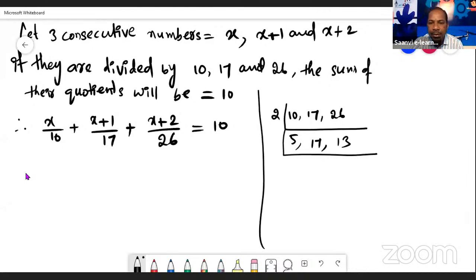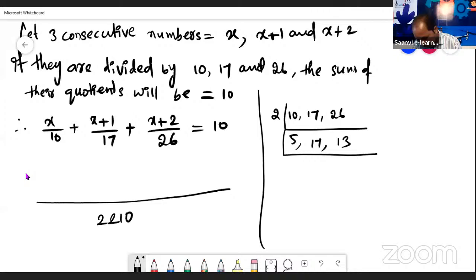5 into 2, 5 2s are 10. 10 into 17, 170. 170 into 13, how much? The LCM is 2210.